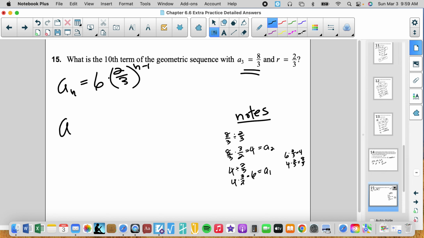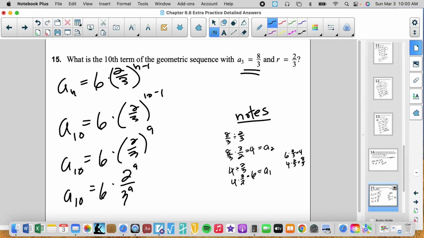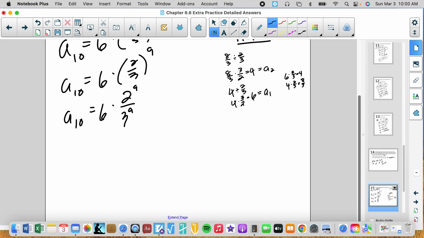And so if we want the 10th term, that's going to be 6 times 2/3 to the 10 minus 1, which is a to the 10th equals 6 times 2/3 to the 9th. And a to the 10 equals 6 times 2 to the 9th over 3 to the 9th, which is ugly.